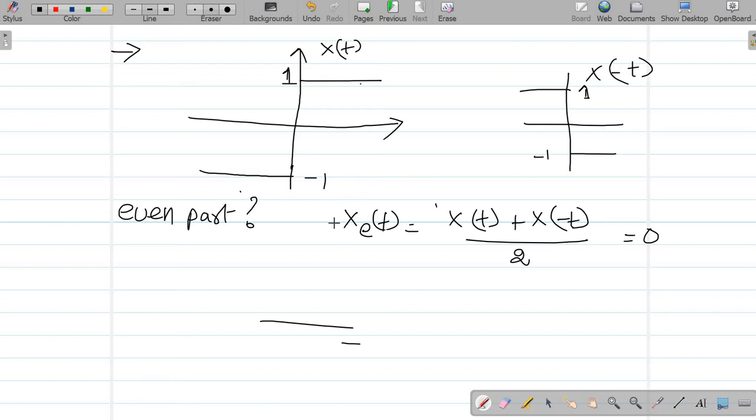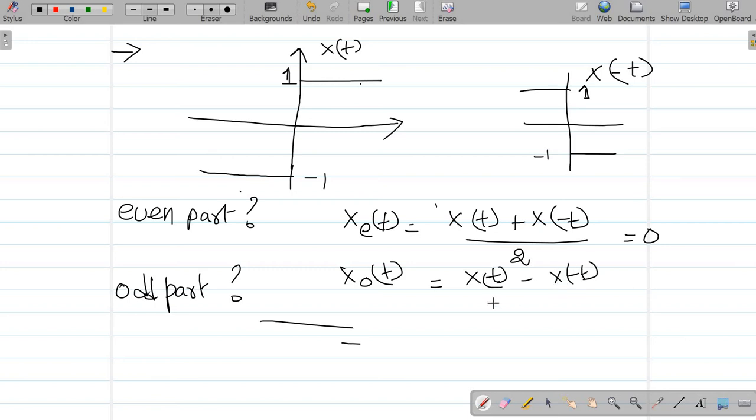So what about the odd part of the function? Let us see the odd part. The odd part of the function is nothing but x of t minus x of negative t, divided by 2.